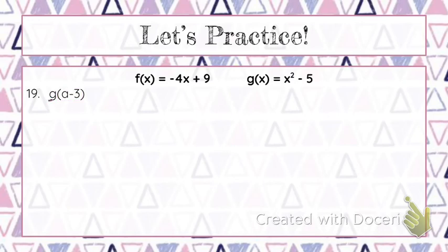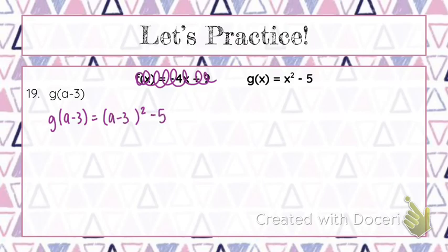So this is g of a minus 3. We don't need f of x because it only asks us about g. So g of a minus 3 equals x, and remember we just put parentheses in for x, squared minus 5. And x is a minus 3. So we have a minus 3 squared minus 5.